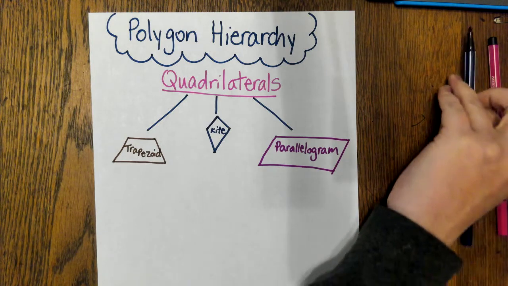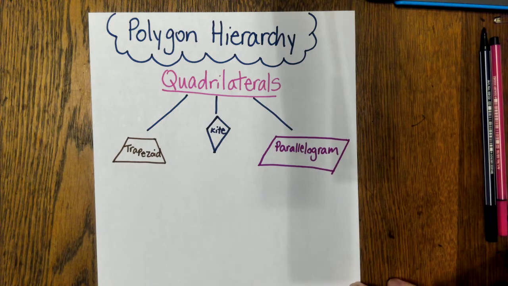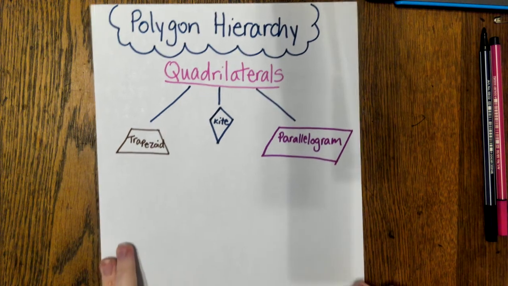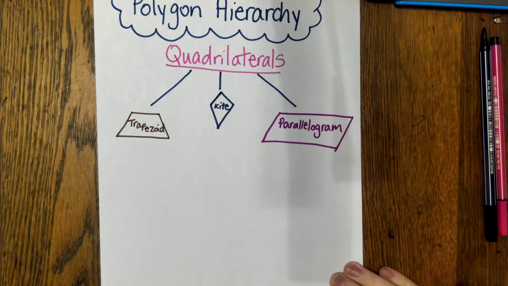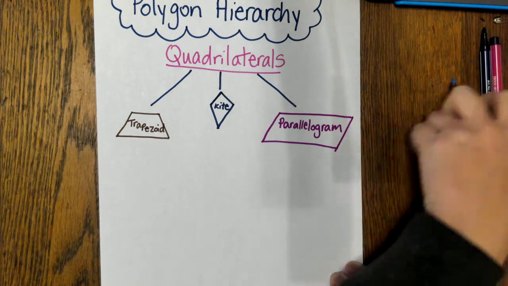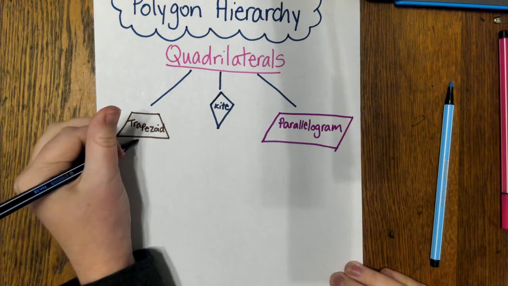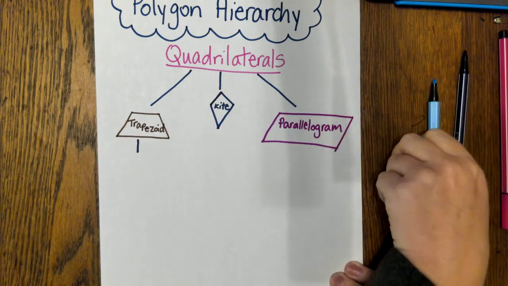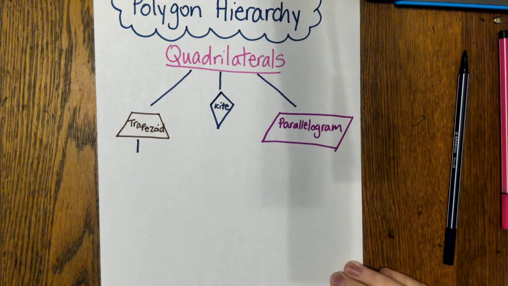If it's a trapezoid, we can look at it and we can figure out, what are its angles like? There's only one special type of trapezoid, and that is a right trapezoid. What type of angle do you think a right trapezoid is going to have?